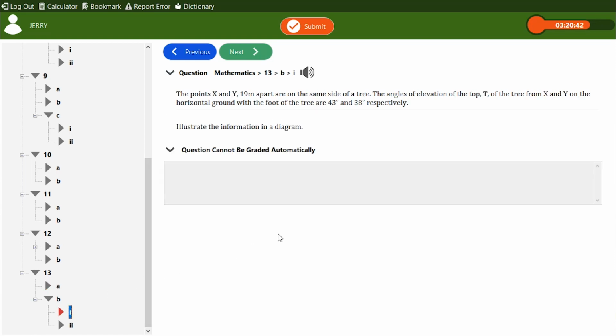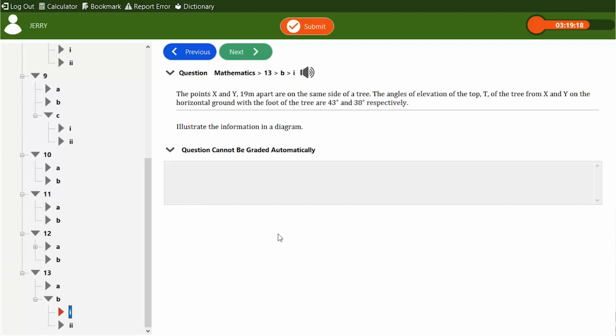Next question goes this way. The points X and Y, 19 meters apart, are on the same side of a tree. The angles of elevation of the top T of the tree from X and Y on the horizontal ground with the foot of the tree are 43 degrees and 38 degrees respectively.